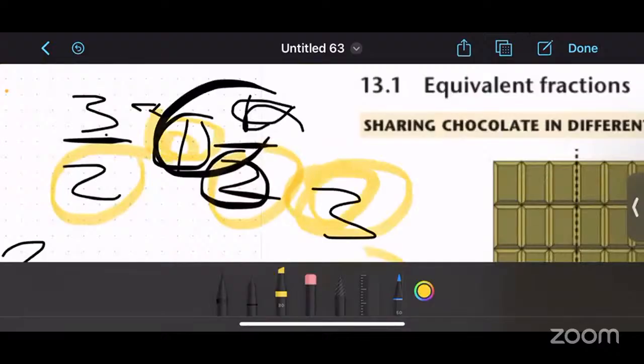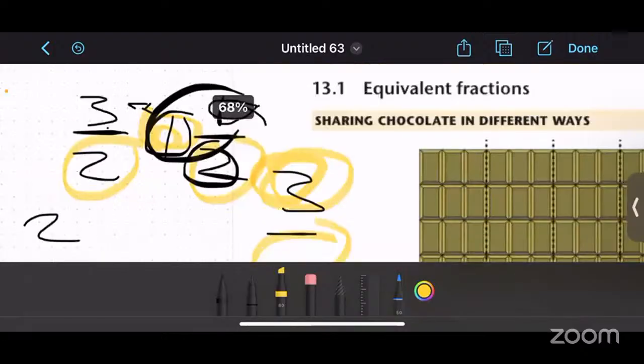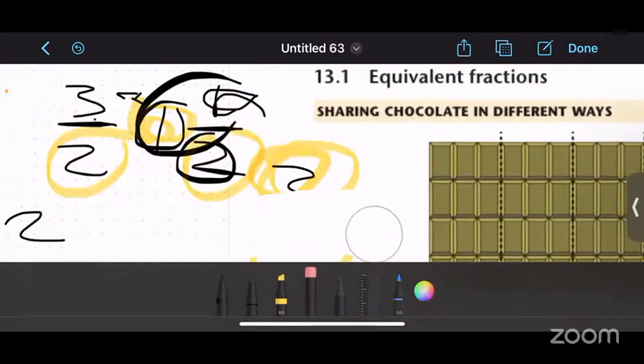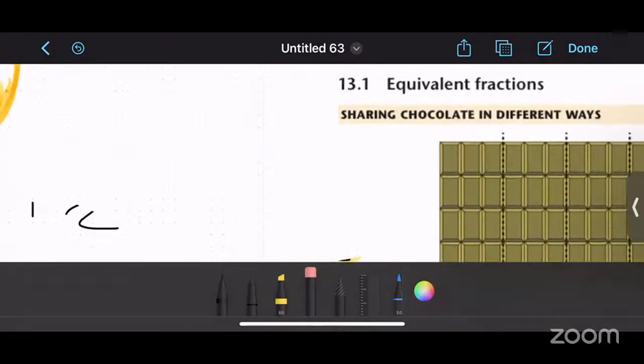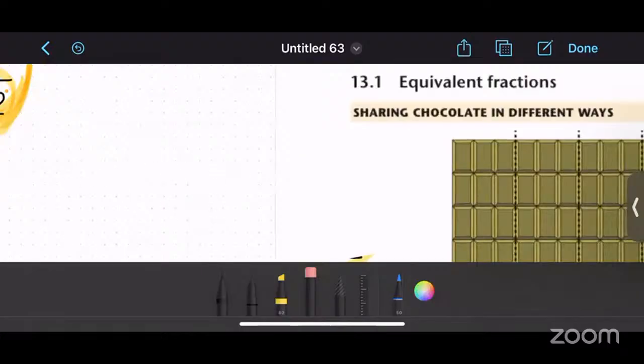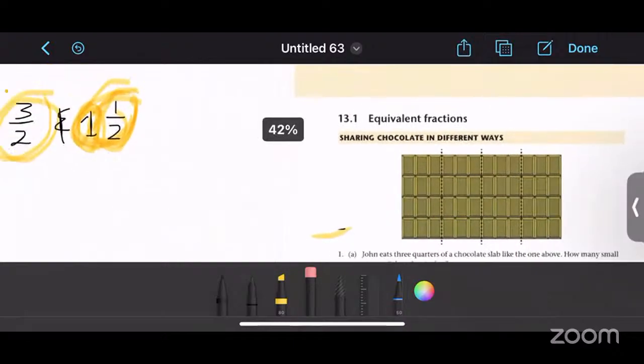So the denominator will always remain the same when you convert a common fraction to a mixed fraction, or vice versa. Did you get that?